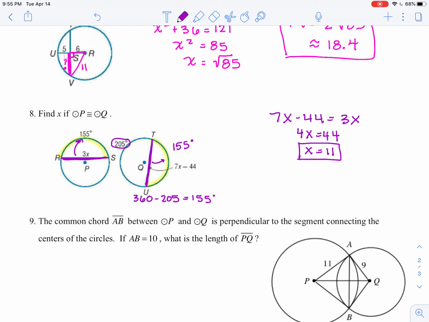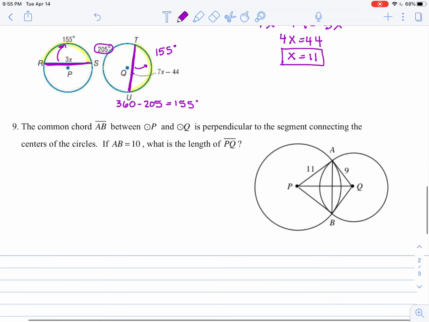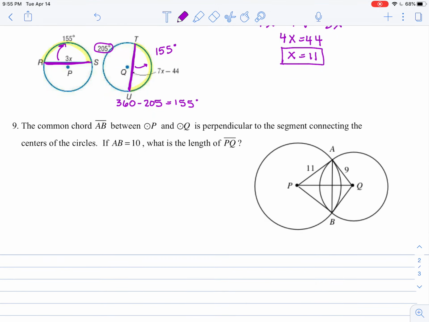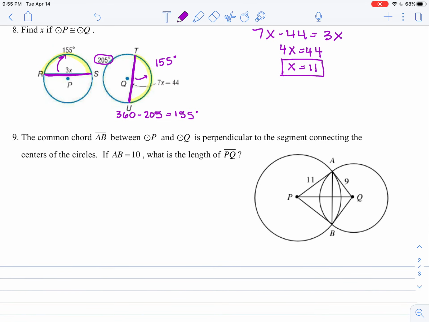Okay, in this last question, it says the common chord AB in between circles P and Q is perpendicular to the segment that contains the centers of the circles. So essentially this is saying AB is perpendicular to line segment PQ.